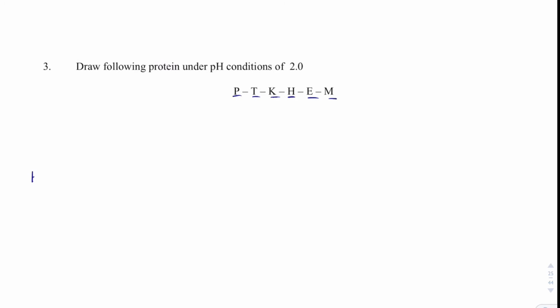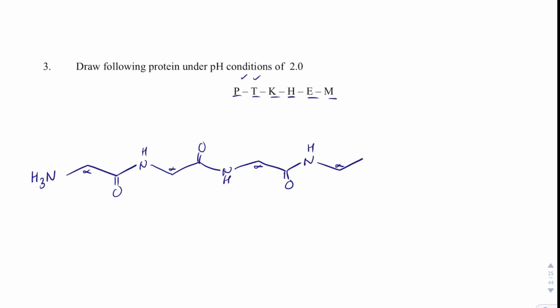I'm just going to say H3N, carbon, alpha, beta, nitrogen, hydrogen, 1, 2, alpha, beta, nitrogen, hydrogen, alpha, beta, nitrogen, hydrogen, alpha, beta, nitrogen, hydrogen, alpha, beta, nitrogen, hydrogen. So 1, 2, 3, 4, 5.